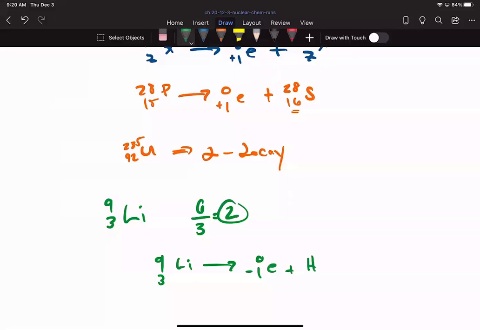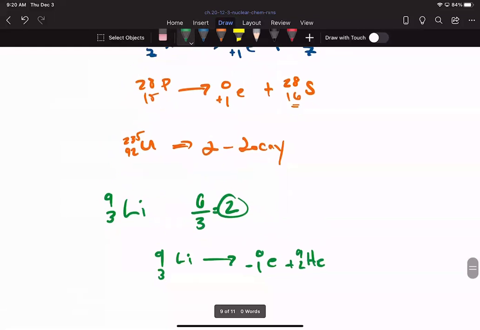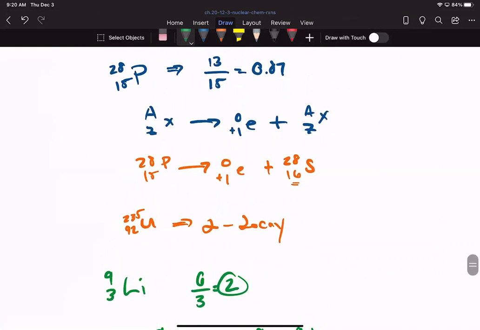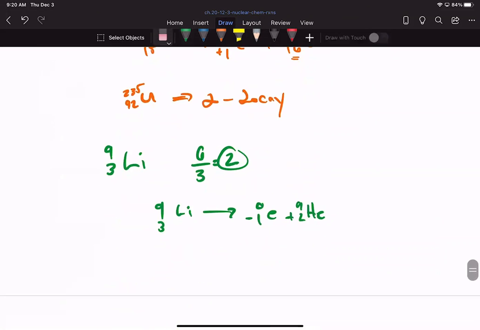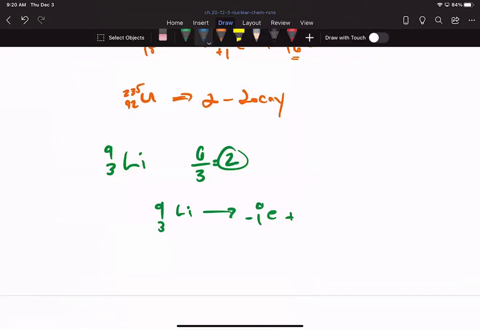Wait, nope. What am I doing? Same thing happened. Let's correct this. The formula is the same, but my math is wrong here.